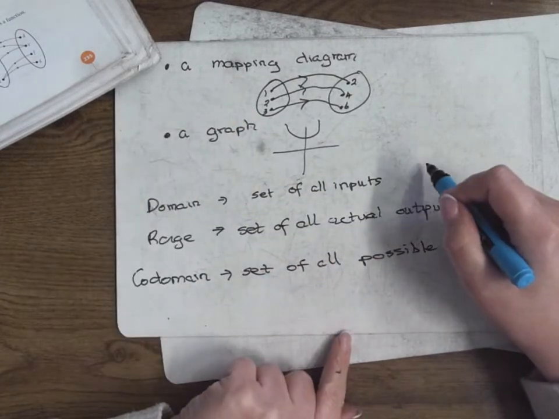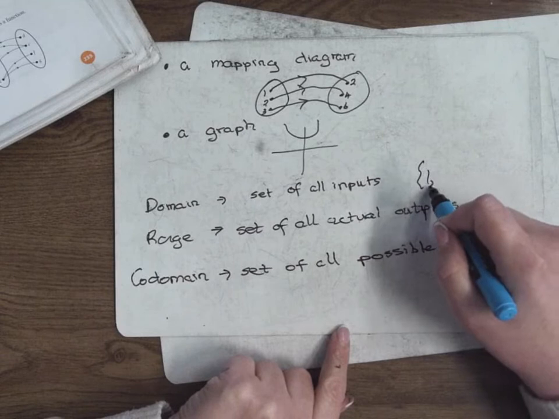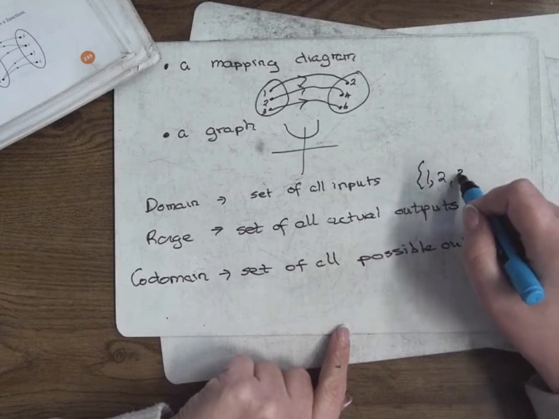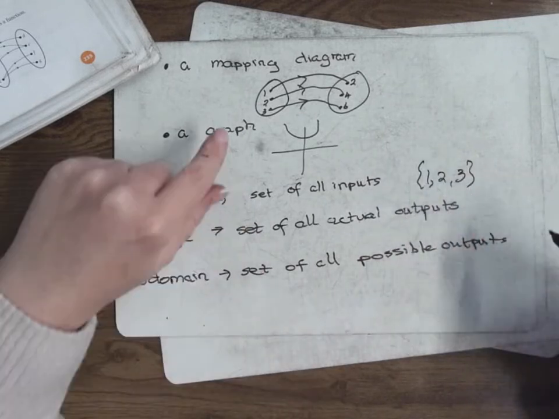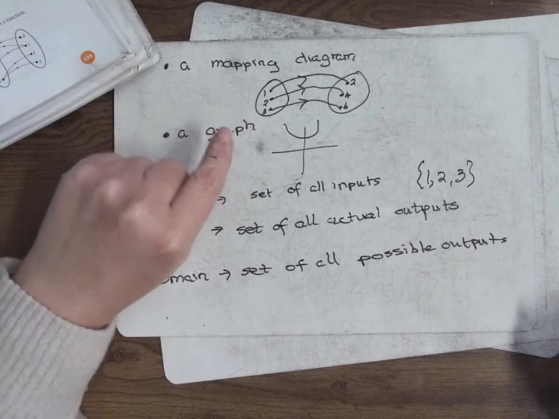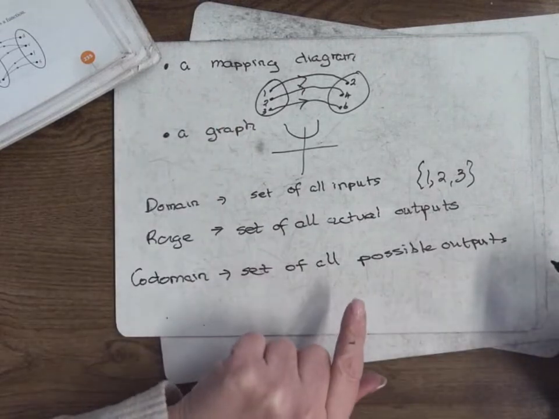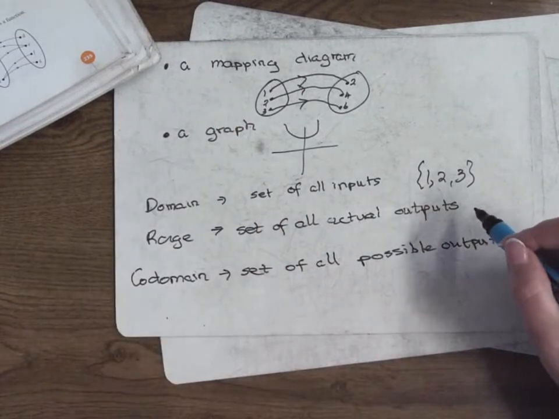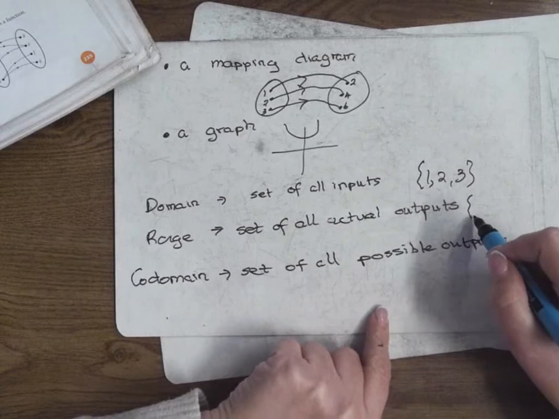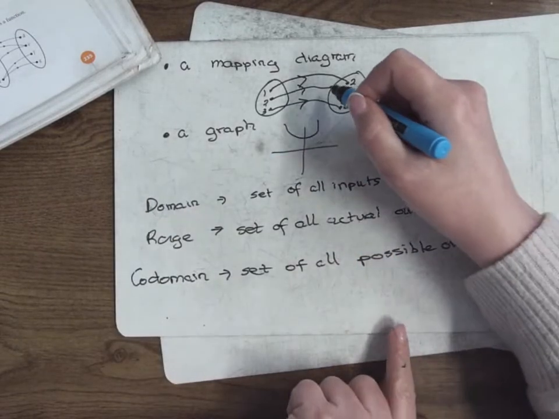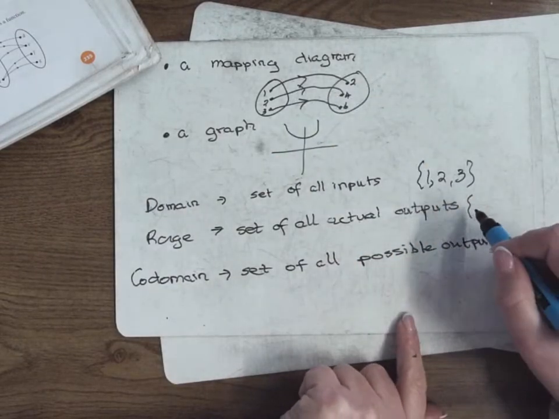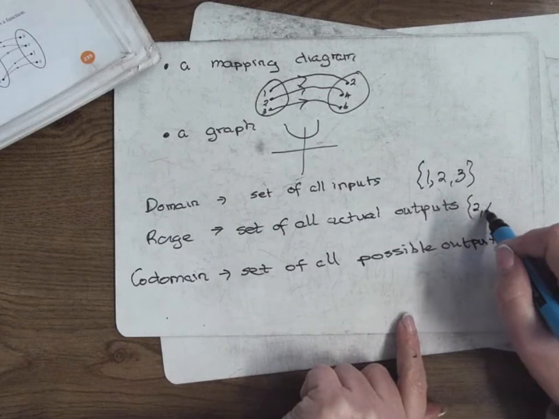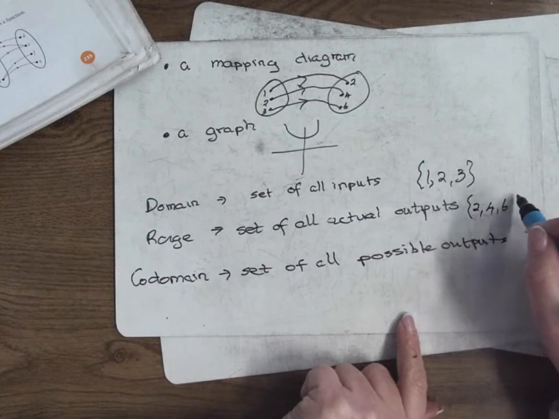So from that mapping diagram, the domain would be 1, 2, and 3. Everything you put in. The range is all the actual outputs. So all the outputs that actually have arrows coming into them. So 2, 4, and 6 above.